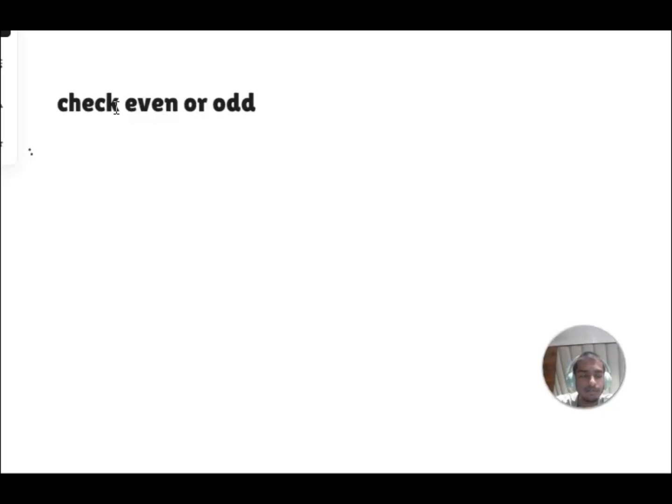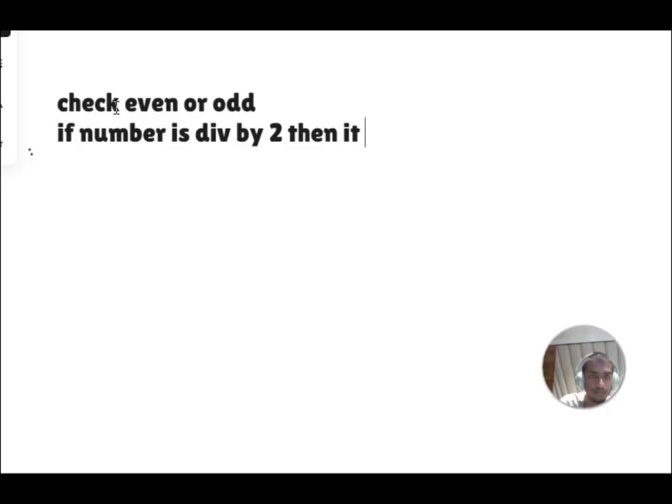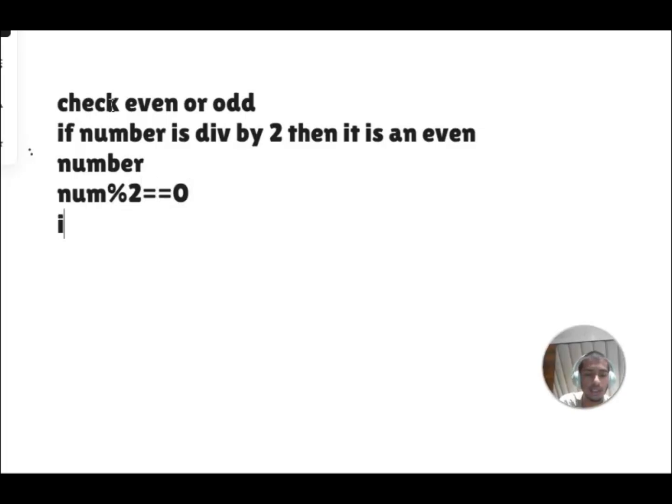So we have a condition that if a number is divisible by 2, then it is an even number. So the remainder should be 0 here, right? So take a number so that our remainder should be 0, so that we can say that it is an even number.